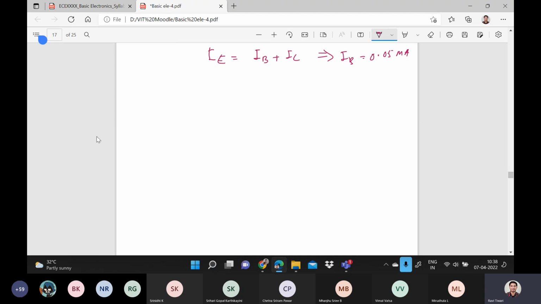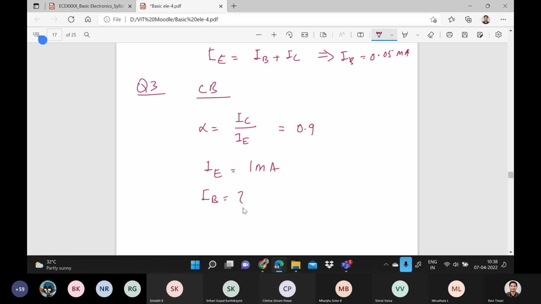So, today's last question. Question number 3. I'm talking about common base connection only, and alpha is given, because in the common base we have alpha, right? Alpha is equals to output IC divided by IE, which is given to us as 0.9. They said that IE is equals to 1 milliampere. Determine the value of IB.